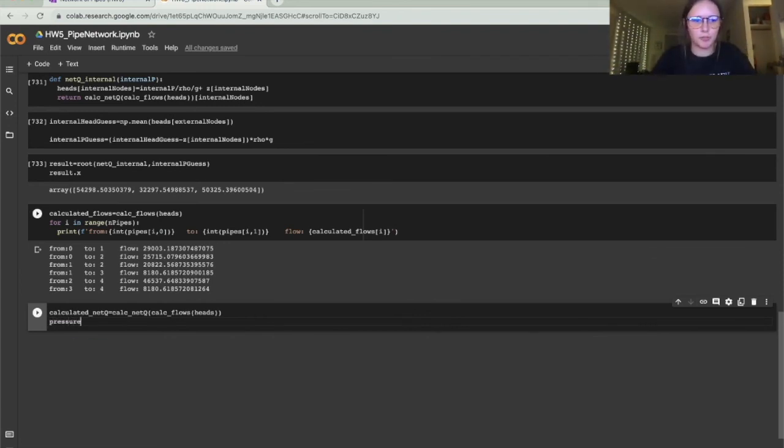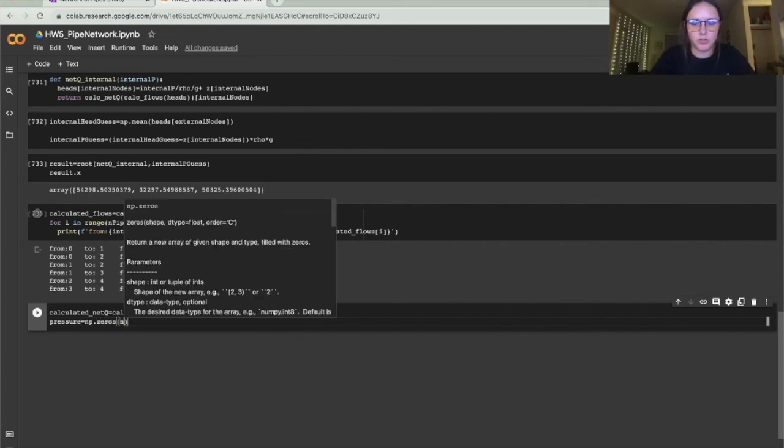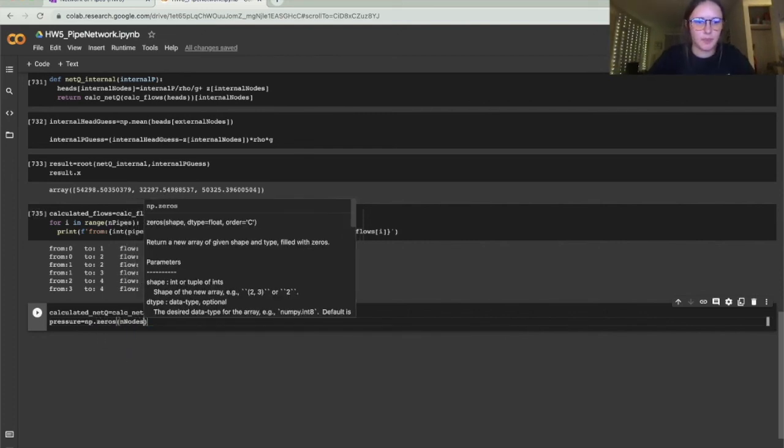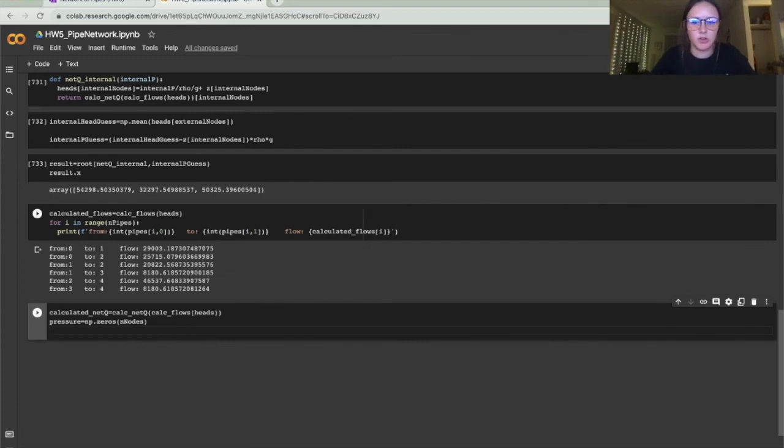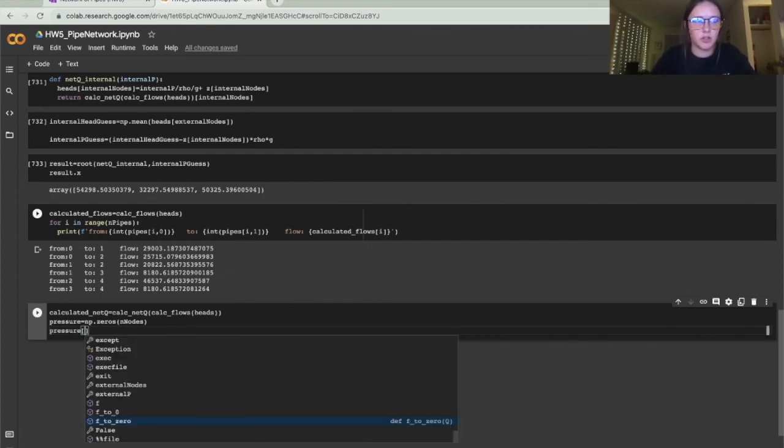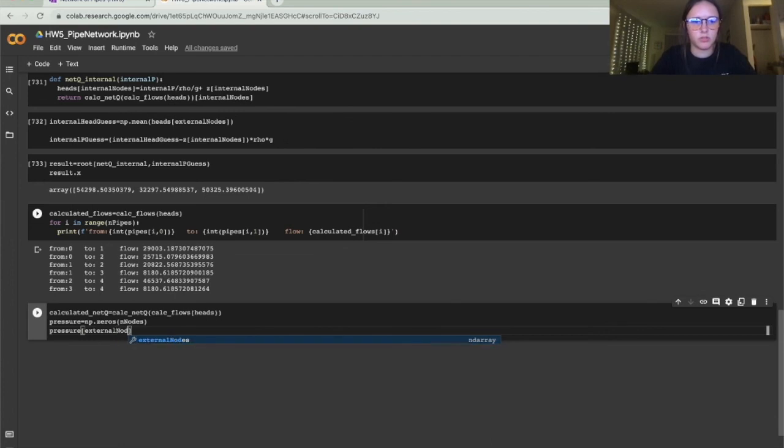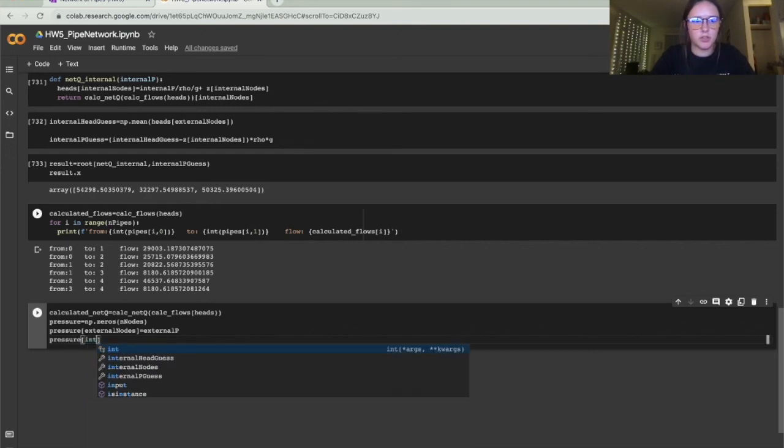First, we need to have pressure equal to np.zeros of n nodes. Gotta set that equal to 0. The pressure of the external nodes should be equal to the external P, and the pressure of the internal nodes should be equal to the result dot x.